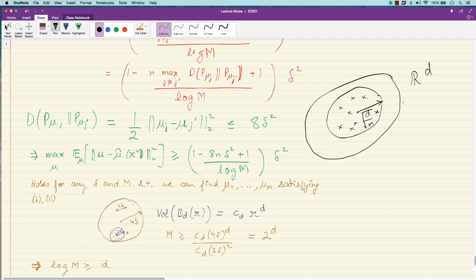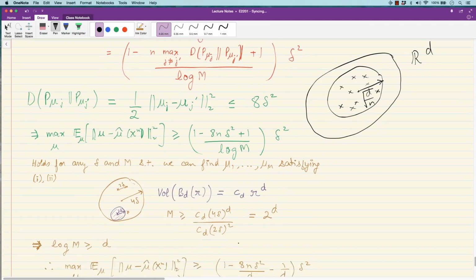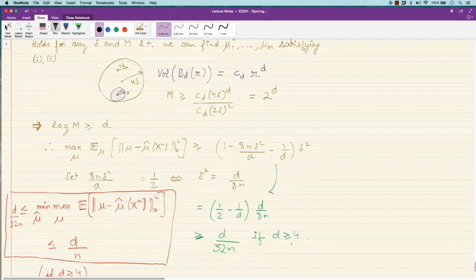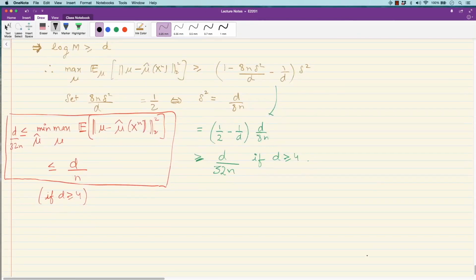And what we are saying is that the bottleneck in estimation is the ability to distinguish between these very dense points in a small neighborhood of 0. And from that bottleneck, we were able to derive a lower bound for min-max loss. Unless the number of samples is large enough, you cannot distinguish between these points, and that gives you a bottleneck on your min-max loss.